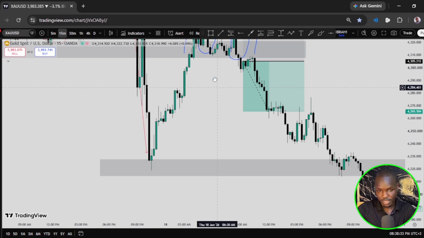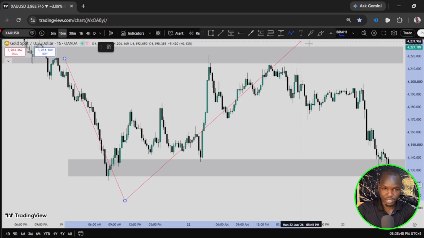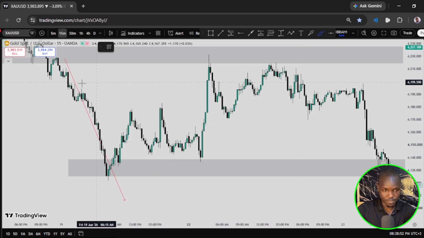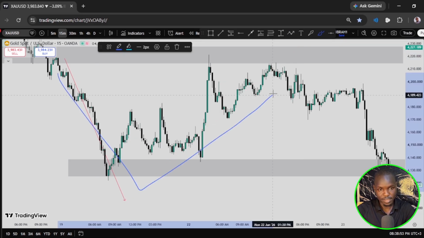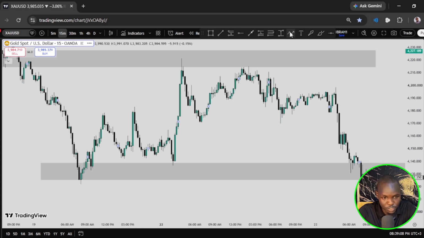For the next scenario, just here, you can see after this push, we had price pushing back to the upside. Most people expected price to come back to this maybe demand zone and buy. But yes, they were right, okay? So what you do, we see price pushed here from the lower low, from the higher high, a lower high, these equal highs, okay?